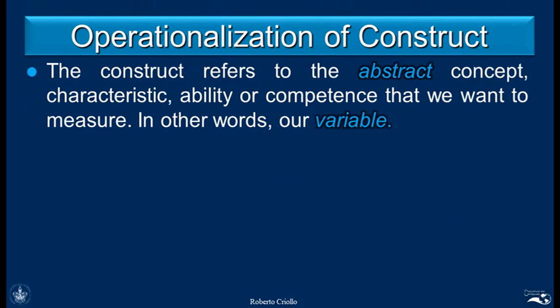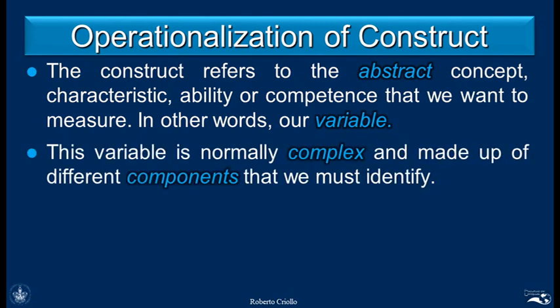So as we can see, everything begins with the operationalization of the construct. This means that we need to define a variable. The construct is the abstract concept, the characteristic, the ability, or the competence that we want to measure. That is our variable. It could be our independent variable or our dependent variable.